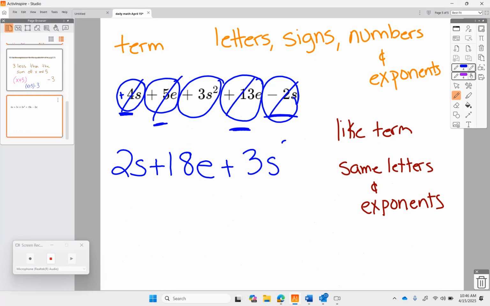It's important to remember that S and S squared are not like, even though they match the same letter, they need to have matching exponents. So your final answer here is 2S plus 18E plus 3S squared. Again, we are combining, we are not evaluating, which would mean to solve.